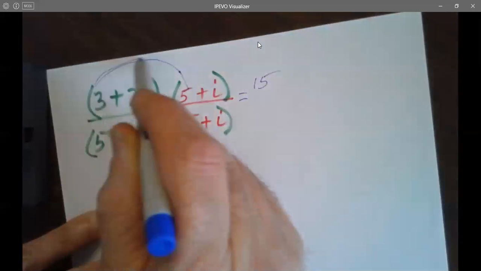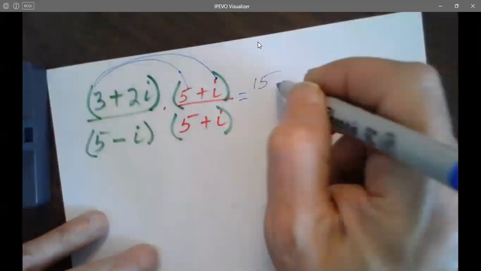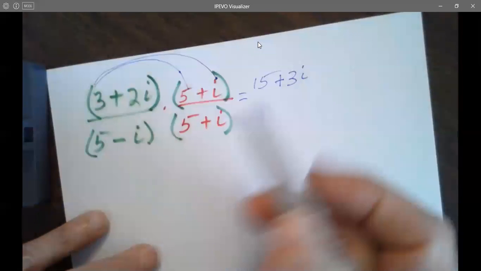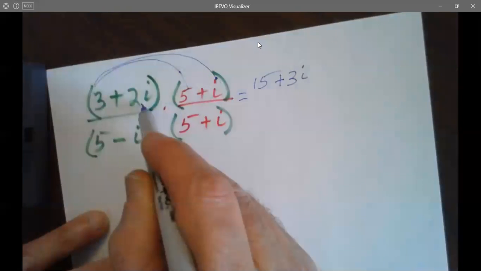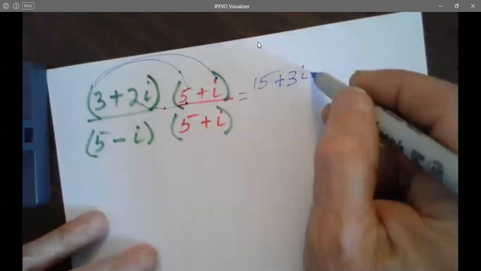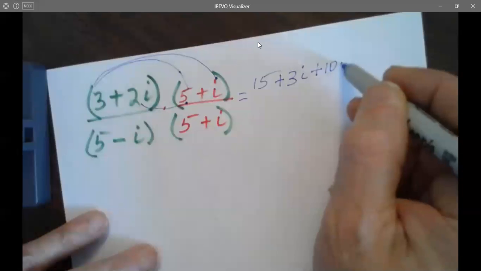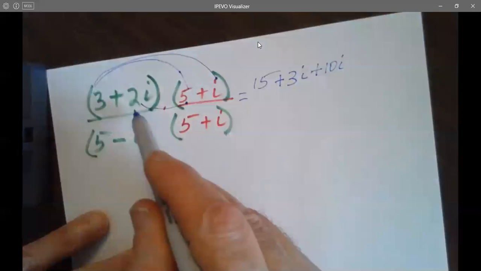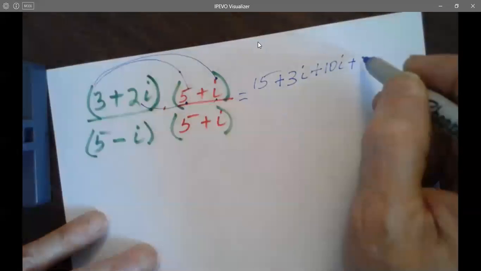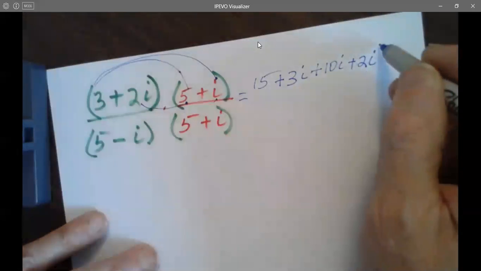Now we multiply the two outer terms, right? 3 times i is plus 3i. And then we multiply the two inner terms. 2i times 5, well, 2 times 5 is 10, so 2i times 5 is 10i. And then 2i times i is 2. i times i is i squared.